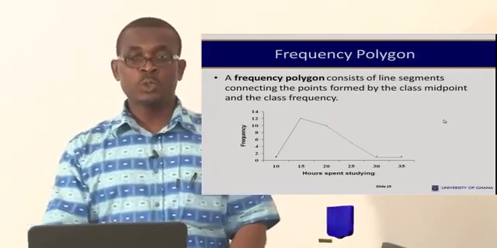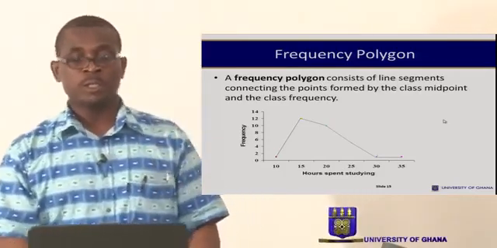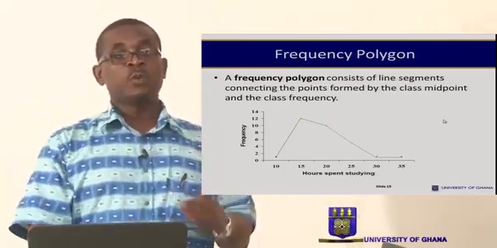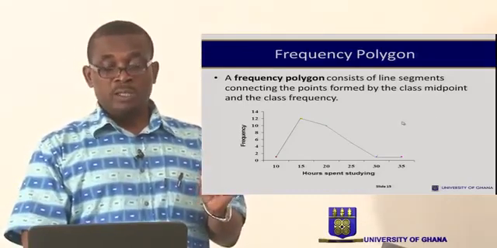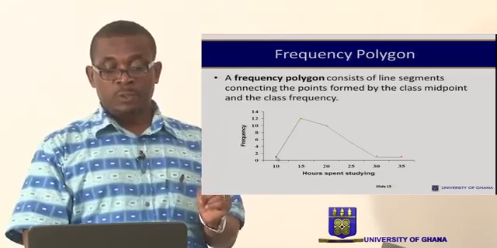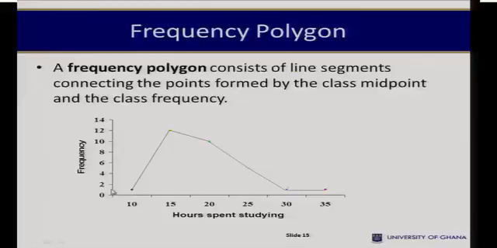Another way is to use a frequency polygon. So you see that instead of using bars, we join the points made by the class midpoint and the frequency. So the class midpoint is 10. The frequency in that class is 1. So it gives us a set of points. So we mark it. And then when you come to the second class, the midpoint is 15. The frequency is 12.